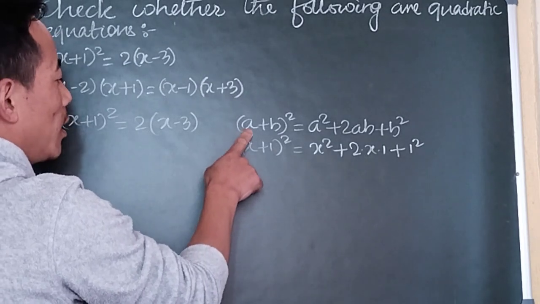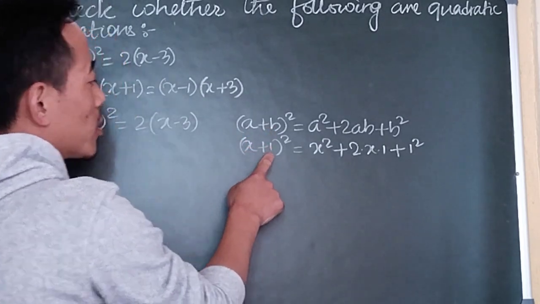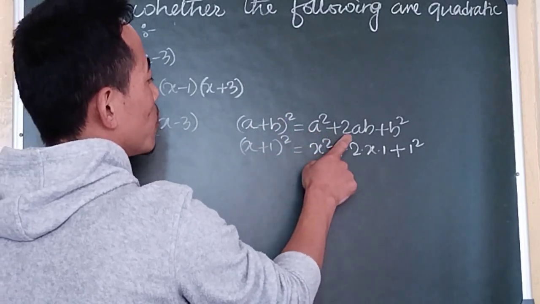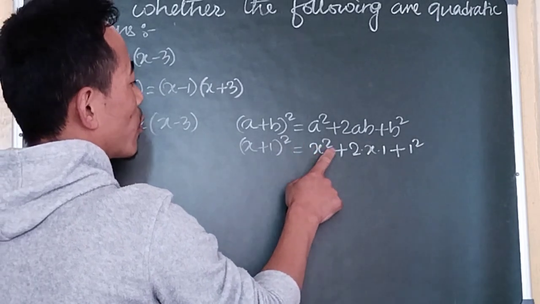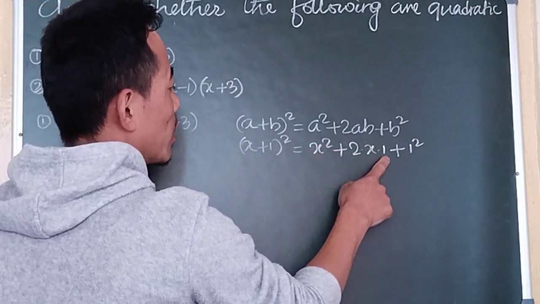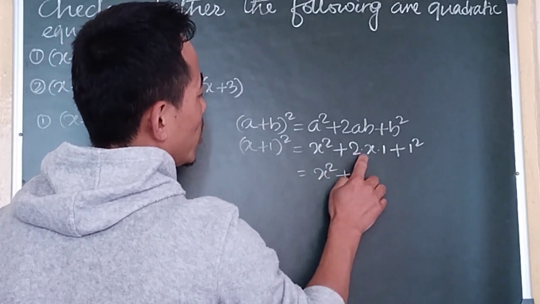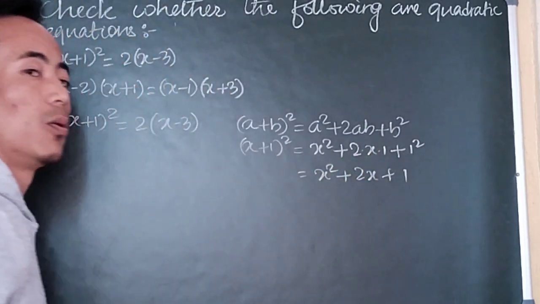Expanding with the formula a plus b whole square equals a square plus 2ab plus b square, x plus 1 whole square can be written as x square plus 2 times x times 1 plus 1 square, which will be simply x square, 2 into x into 1 becomes 2x and 1 square is 1.